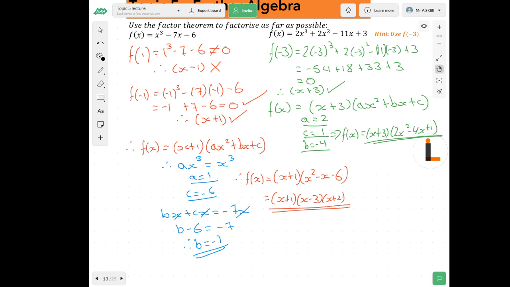That cannot be factorized. Okay, so that is as far as we can go.